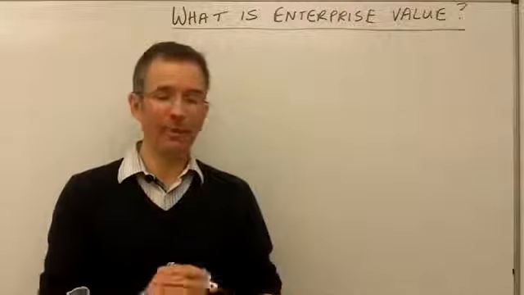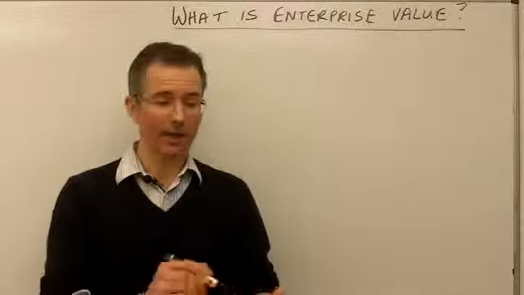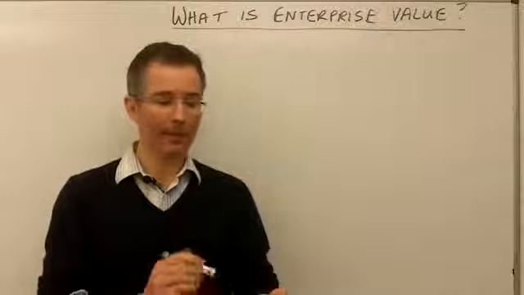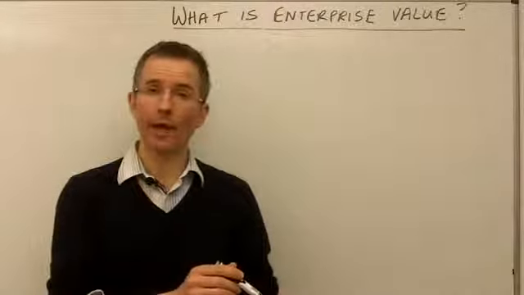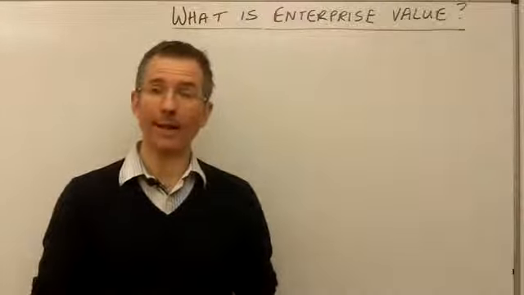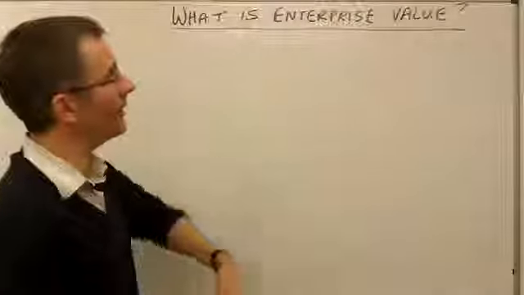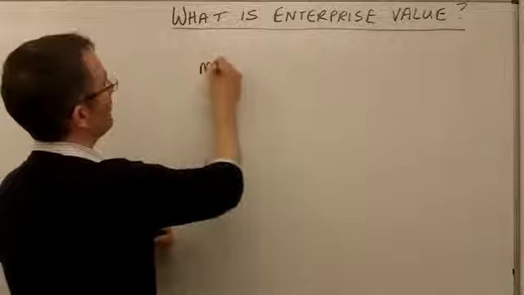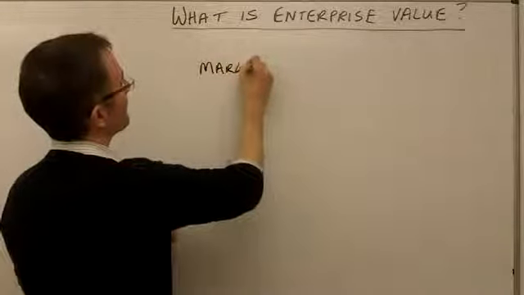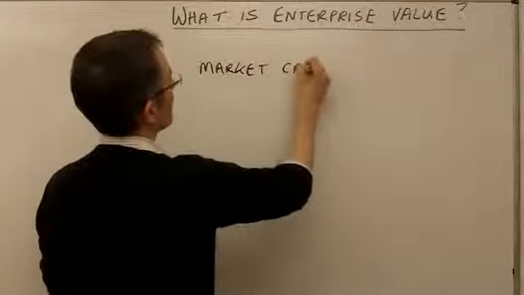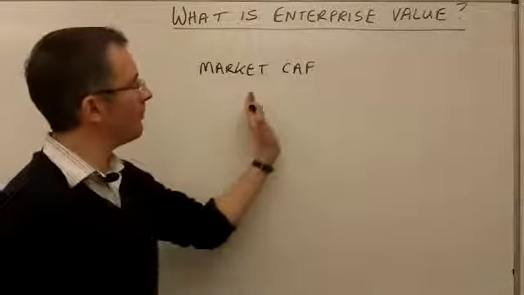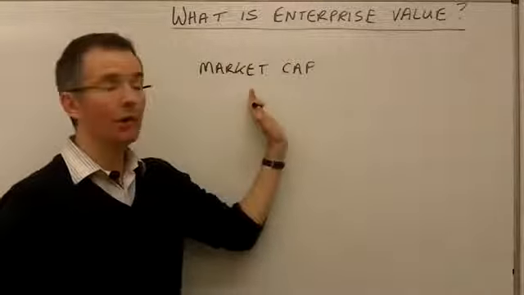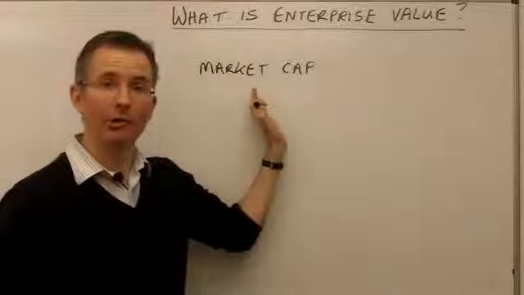Tesco also makes its own profits, but it needs external help in the form of shareholders and also lenders. So enterprise value starts there and says what we ought to be able to do is look at a firm's market capitalization. That's the number of shares in issue times a recent or current share price.